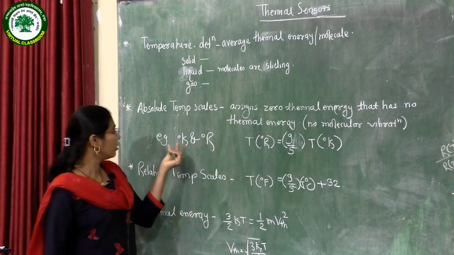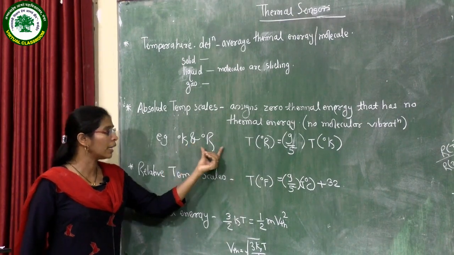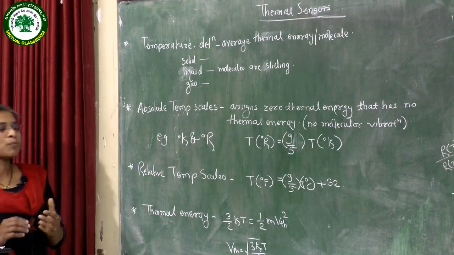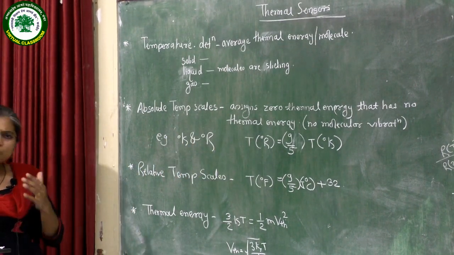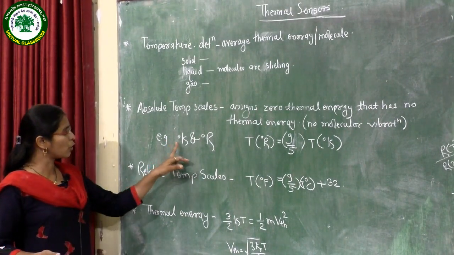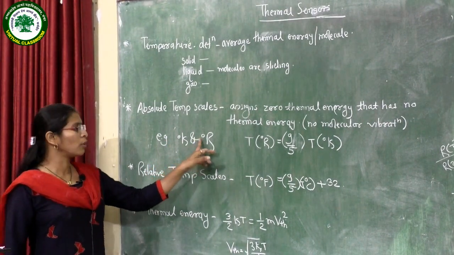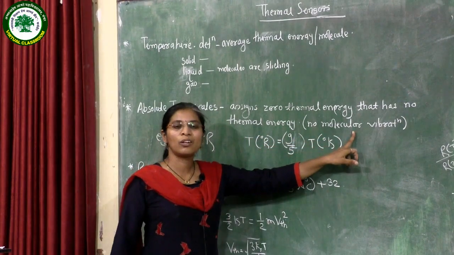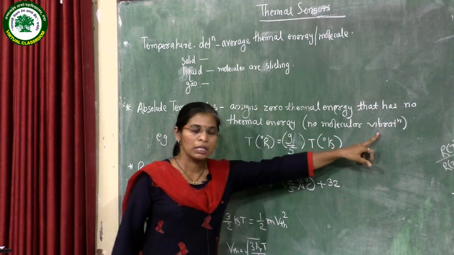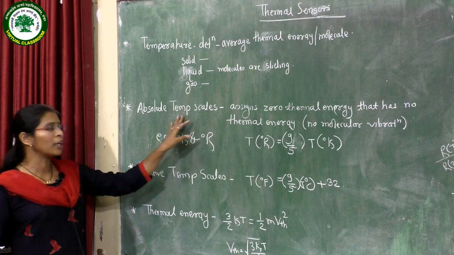So one can say that at 0 degree Kelvin as well as at 0 degree Rankine, the molecules are not showing any vibration. This is the characteristic of the absolute temperature scale.